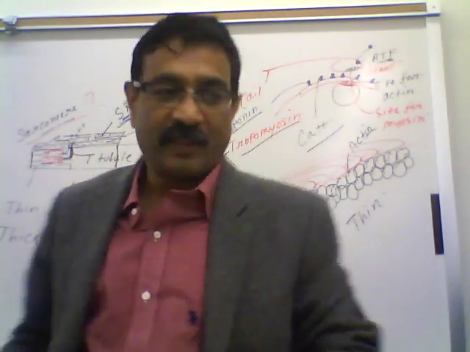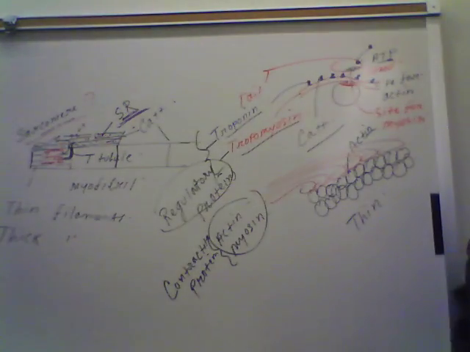Now one thing, see here that this is the thick filament, and both ends of the thick filament are connected to the Z disc by protein spring-like structures. This is important, I may ask you. These are called titin.